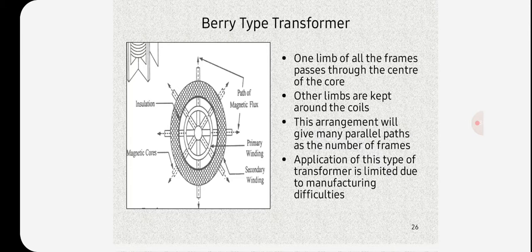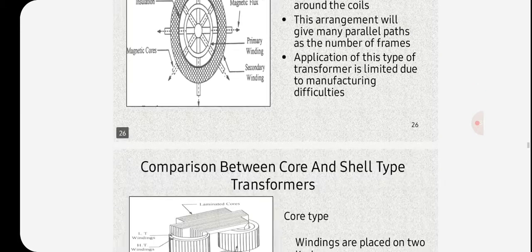Other limbs are kept around the coils. This arrangement will give as many parallel paths as the number of frames. Applications of this type of transformer are limited due to manufacturing difficulties.